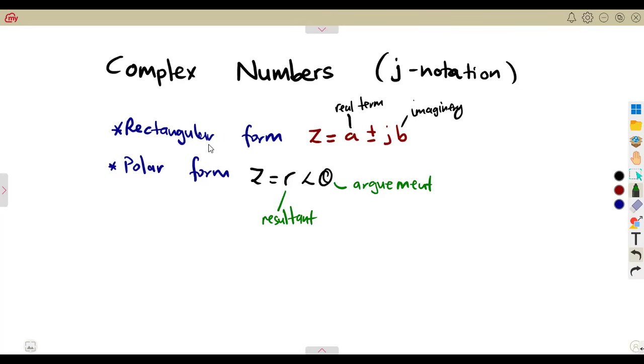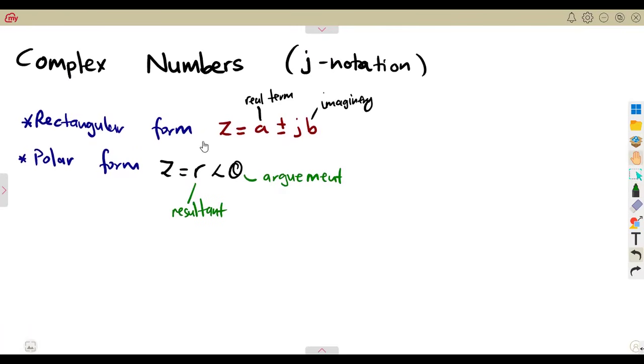So in our simplifications, as we can see, we have two formats. We need to understand the simplification of the rectangular form and also the polar form, because each is important on its own. You are going to see where the rectangular form is important to use and where the polar form is important to use.